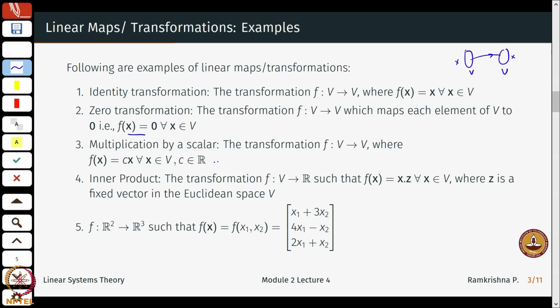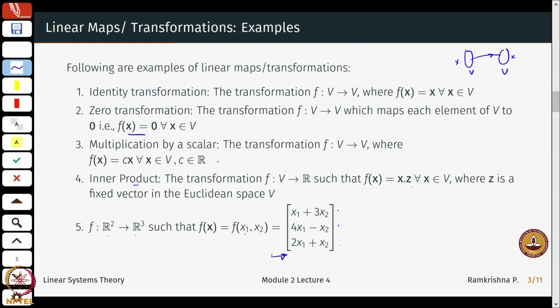The transformation defined by the inner product such that f of x is x times z is also a linear transformation. Similarly, if I look at different dimensional spaces, say a map going from R2 to R3, which takes two elements and gives me a three-dimensional vector, is also a linear transformation.